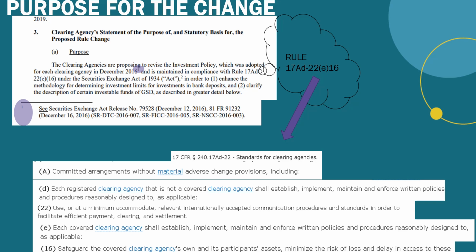Each covered clearing agency shall establish, implement, maintain, and enforce written policies and procedures reasonably designed to, as applicable, safeguard the covered clearing agency's own and its participants' assets, minimize the risk of loss and delay in access to these assets, and invest such assets in instruments with minimal credit, market, and liquidity risks. And I know it cut off the bottom part of that sentence here. It's kind of hard to fit all this on one screen. Apologize about that. But in essence, this is the first sign we see of ass covering.